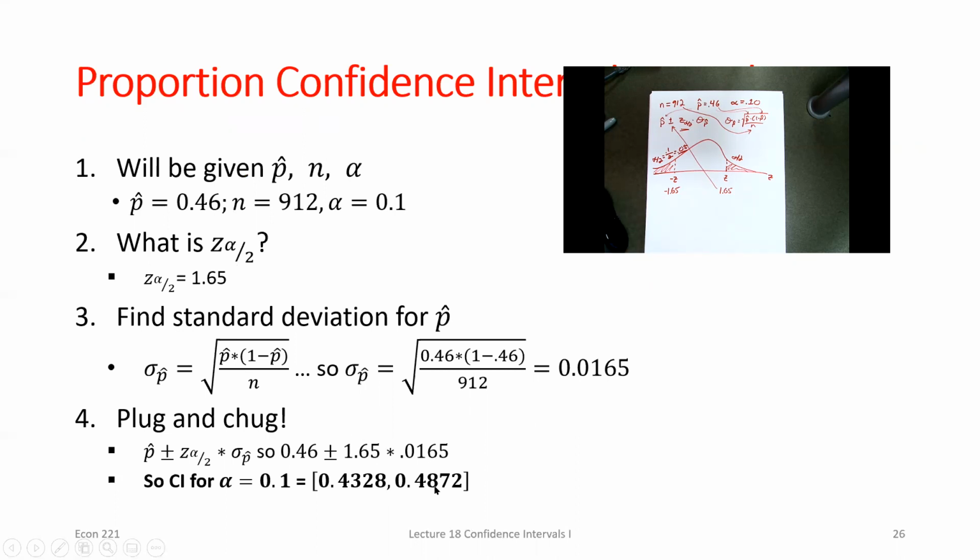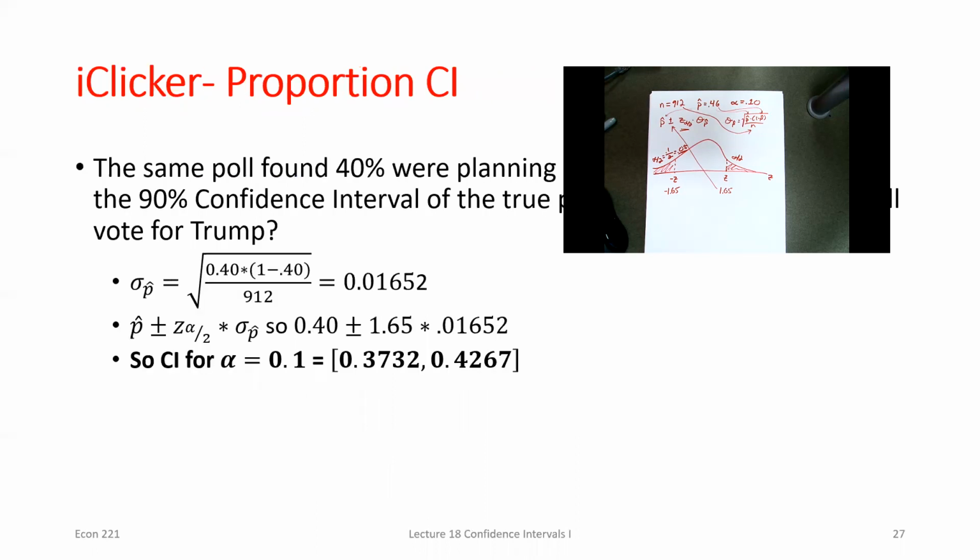However, we have third-party candidates, so that doesn't necessarily mean anything. So we actually have to go a little bit further. It's going to be a little bit more complicated. But I'm going to write these numbers down so I don't forget them: 0.433 and 0.487. So we've got the confidence interval for Clinton.